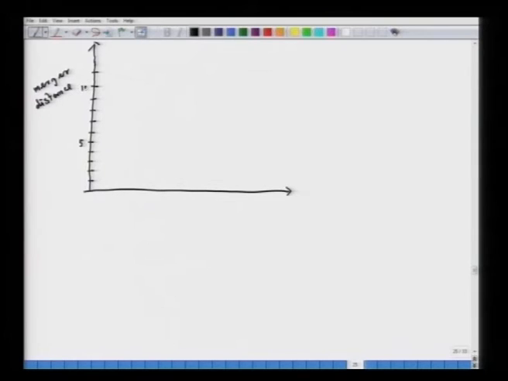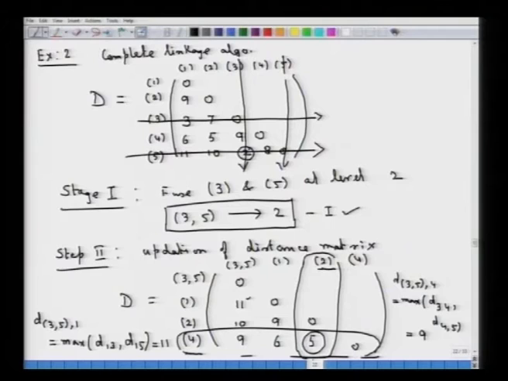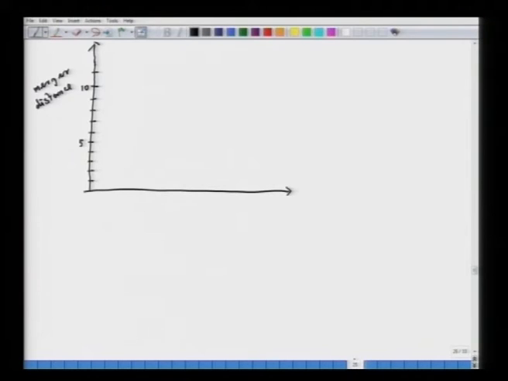So, this is the 10 level here. Now, what information will we be putting here? First, we will put in the information that 3 and 5 have fused at level 2.